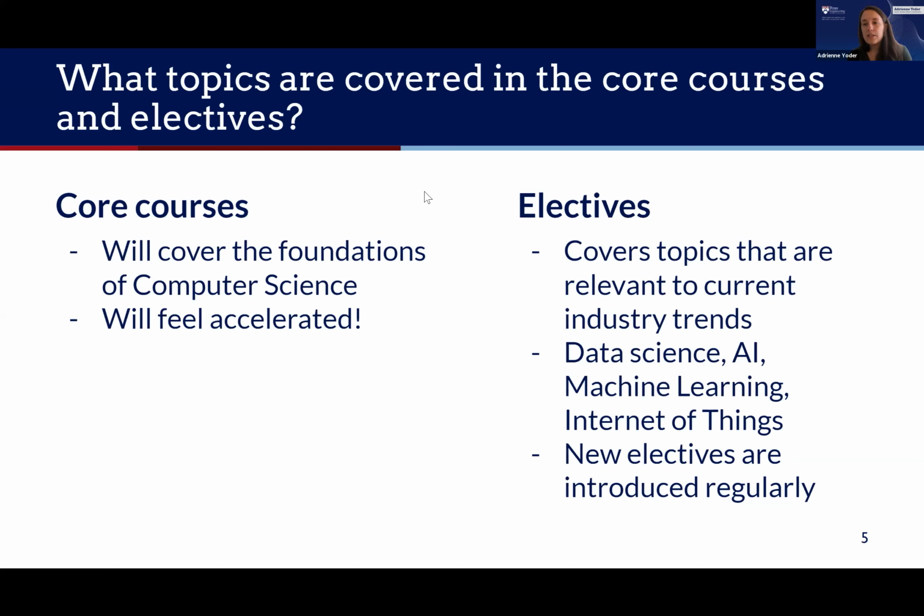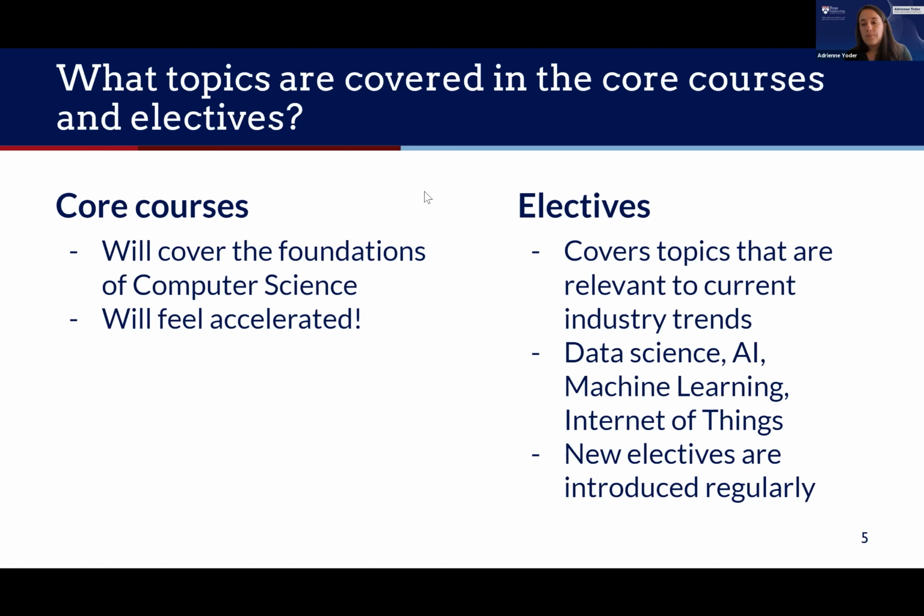In the electives, you have an opportunity to explore your very specific interests in computer science. We cover topics that are really relevant to what's going on currently in the industry. Our faculty are experts on those topics, so they'll be able to get into the details with you.